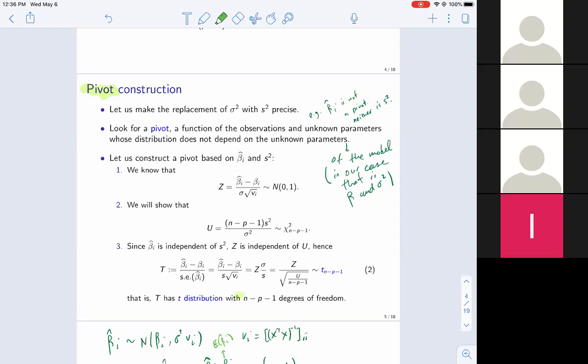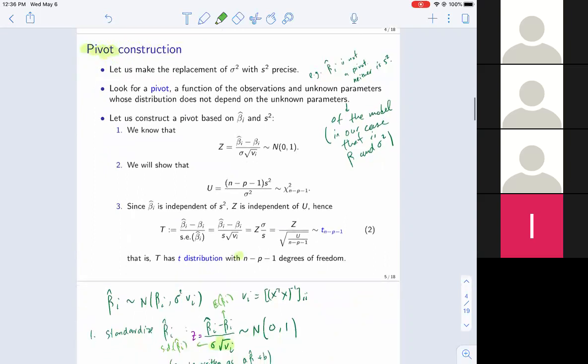The way we construct this here is by standardizing beta hat i: you subtract the mean and divide by the standard deviation, sigma root V_i. Because beta hat i is distributed normal with mean beta i and variance sigma squared V_i, we conclude that Z has a standard normal distribution.